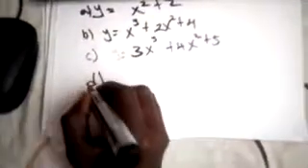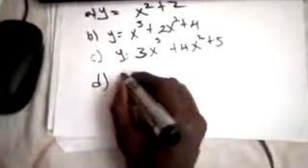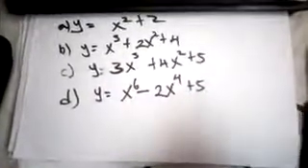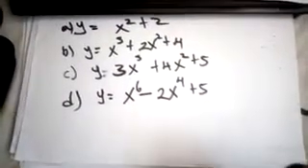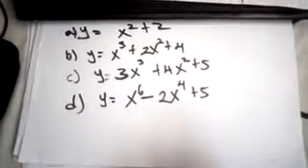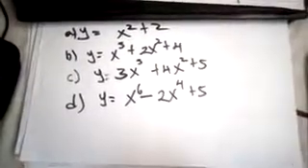Then we can also have part D. I'll leave you with one, don't worry. This is y is equal to x power 6 minus 2x power 4 plus 5. You can pause this video and try out the first one, then you play. Then after playing, you can see whether you have understood. Okay, go, pause.